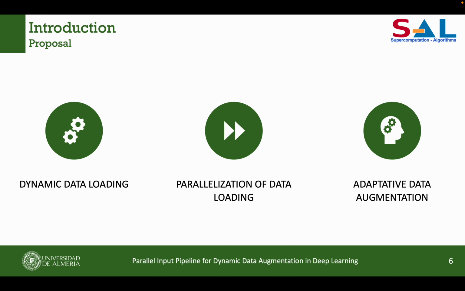Also, in order to have this in real time, the parallelization of the input pipeline is performed using the multiprocessing library from Python. And then, in order to have a proper data augmentation refined for this problem, instead of generating beforehand all the combinations of data augmentations, we propose a new adaptive data augmentation method.